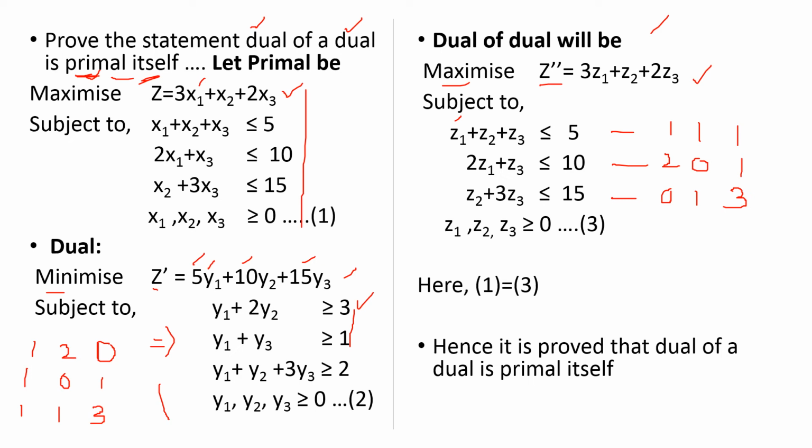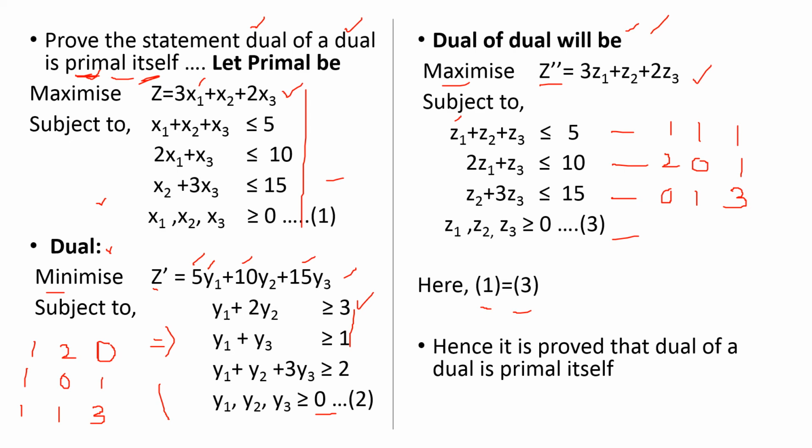Primal you will get, find the dual of it, and again find the dual of the dual. Okay, so here 1 and 3, this is the first equation, this is the second equation, and this is the third equation. Now the first equation and the third equation are the same, so it is proved.